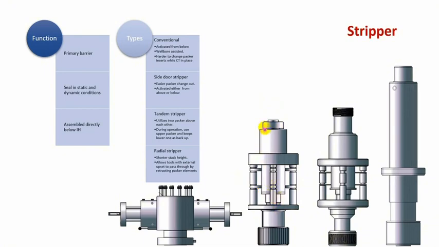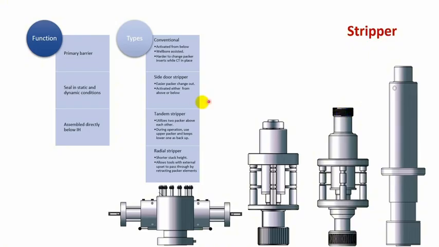If we want to have 2 side door strippers above each other, we may nipple up this side door stripper above this stripper. So the stripper is called tandem stripper, as it is used in conjunction with another stripper. So if we mount this above this, we have 2 side door strippers above each other, which is called tandem stripper.